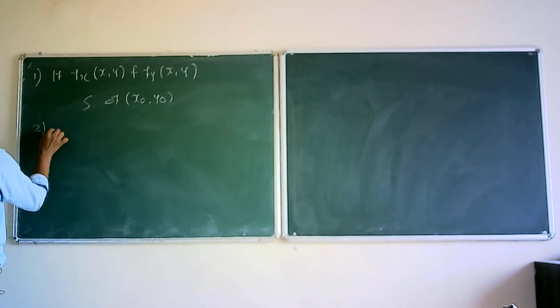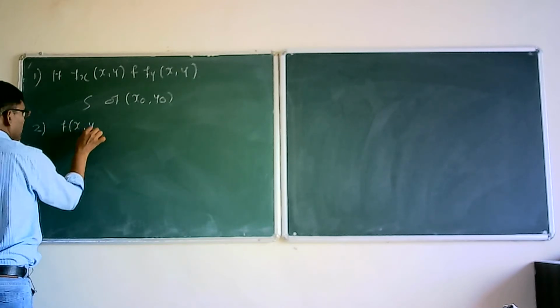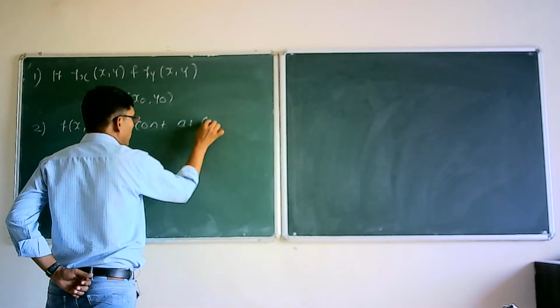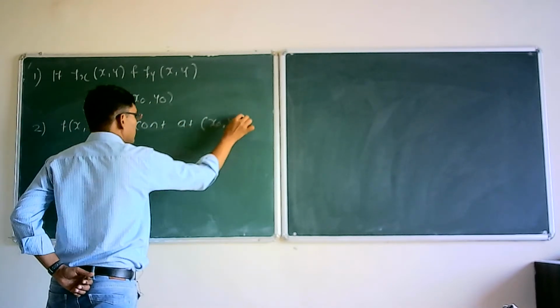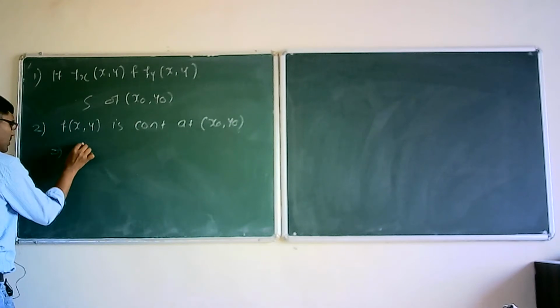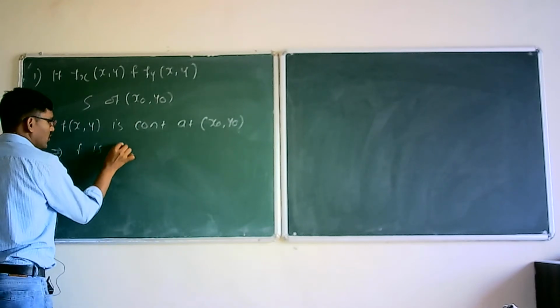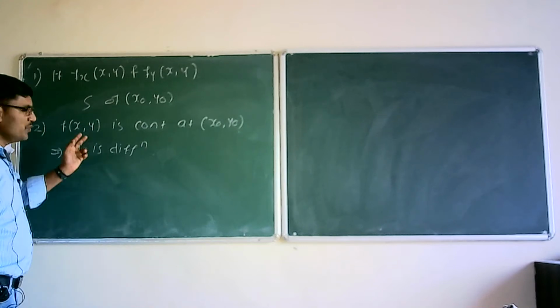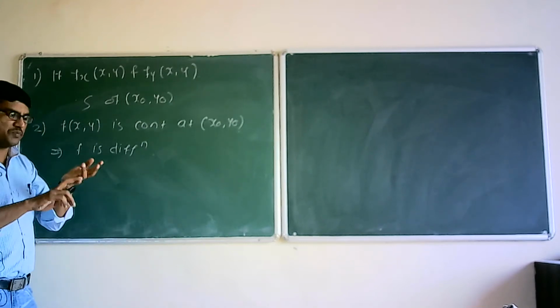And second, if f of xy is continuous at x0, y0, then f is differentiable. So you again have two methods to check whether a given function is differentiable or not.